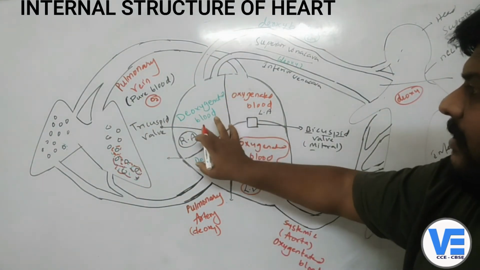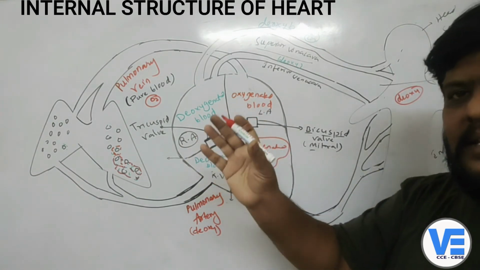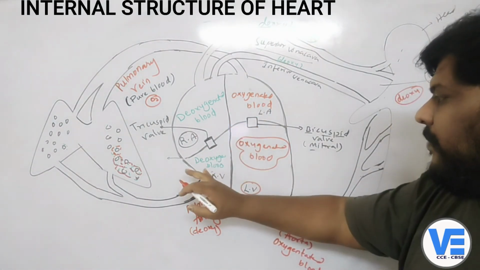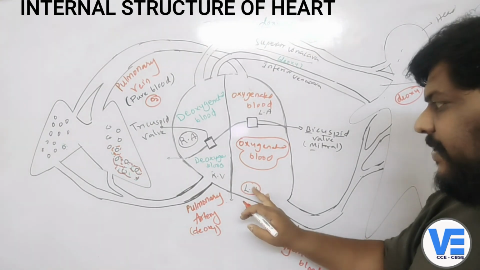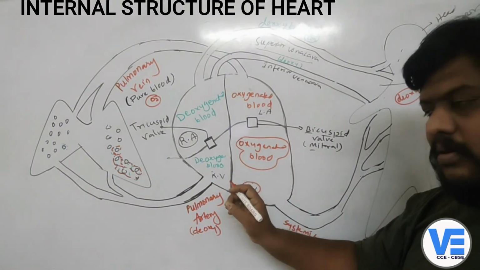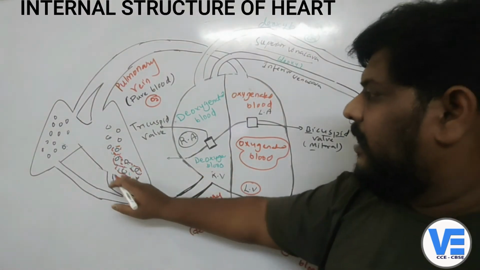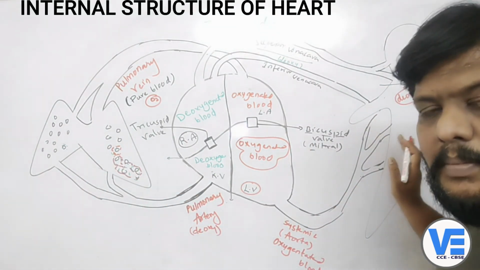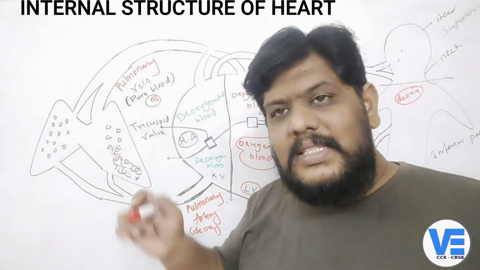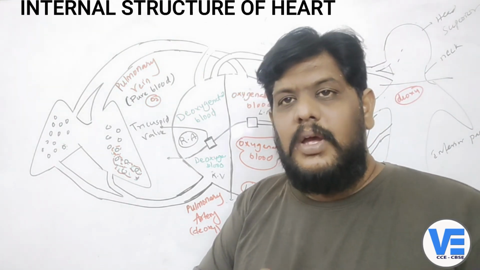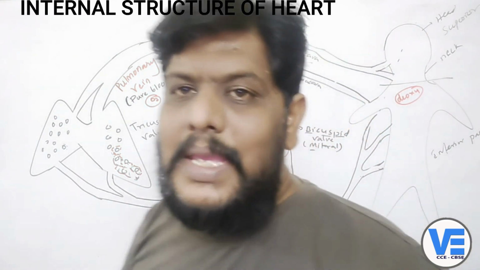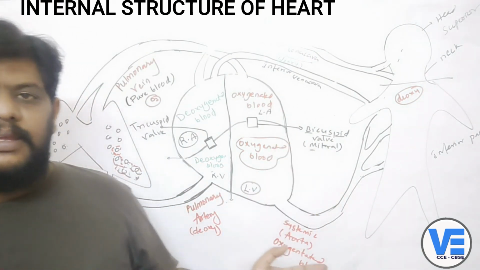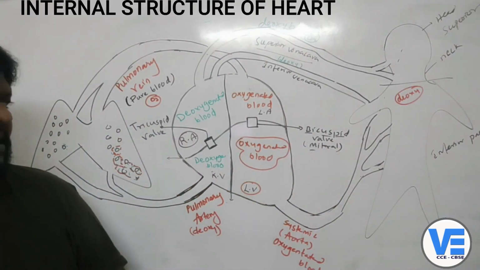When the auricles contract, the blood comes into the right ventricle and the left ventricle. Again, these ventricles will contract, so the blood will get into the lungs, and also go into each and every part of the body. So this is how the circulatory system works. This is the basic idea behind the working of the circulatory system.